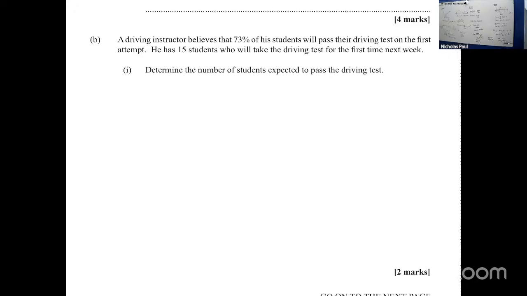Part B, a driving instructor believes that 73% will pass their driving test on the first attempt. They have 15 students. They want you to write down the distribution: X follows a binomial, n is 15, and the probability is 0.73. Determine the number of students expected to pass the driving test.